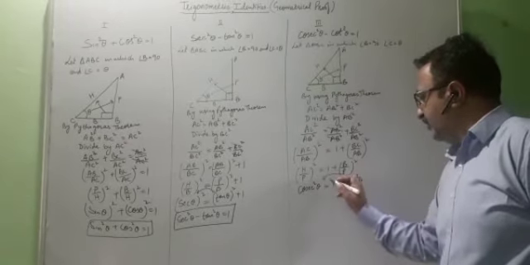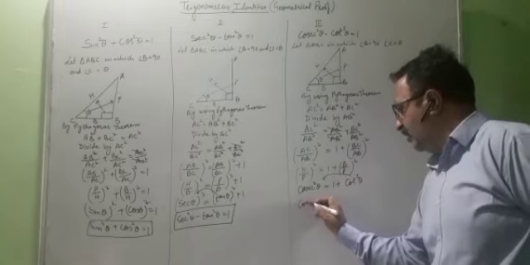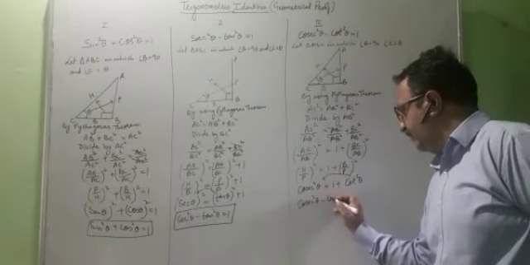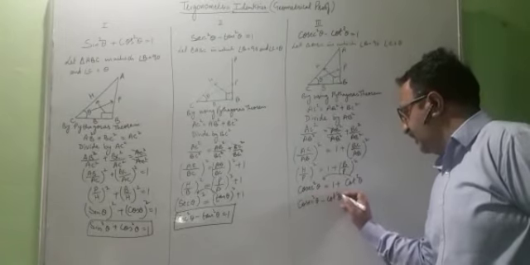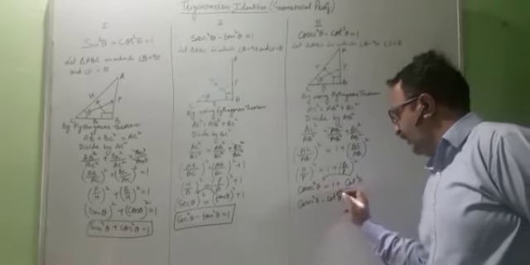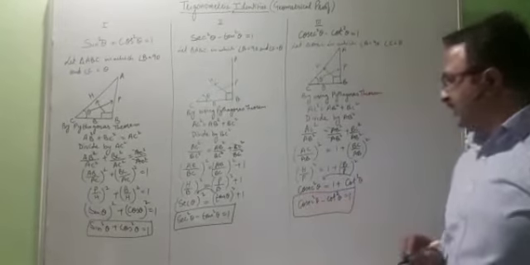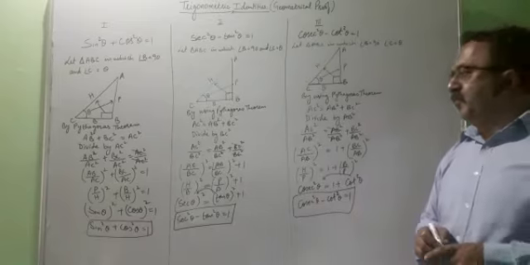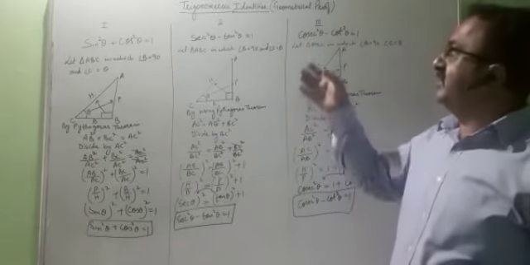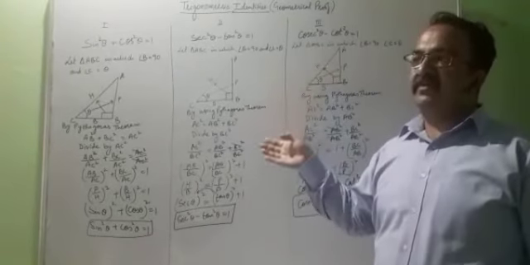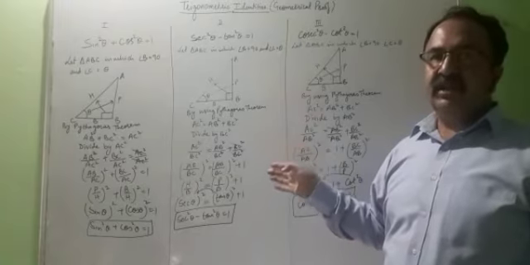Shift cot square to this side: cosec square theta minus cot square theta equals 1. This is the third identity. So we have proved all the identities with a very simple concept of geometry by using Pythagoras theorem.